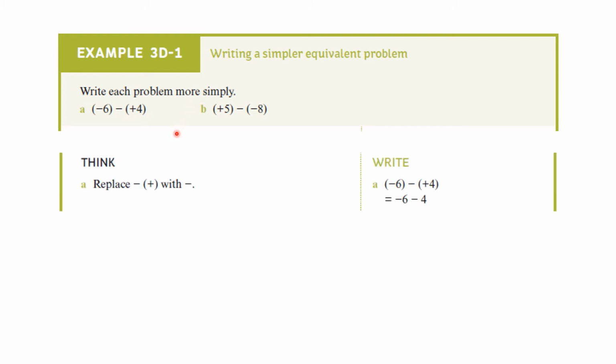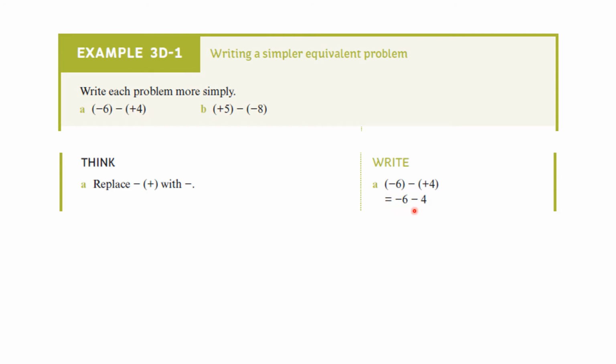So, if we are going to write question A more simply, using the key ideas from the previous slide, a minus and a plus sign always will turn into a minus. So that is why we can write our question like this. You don't have to calculate it, they just want you to write it more simply.